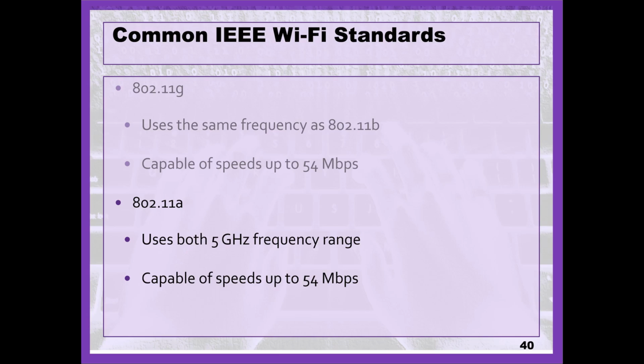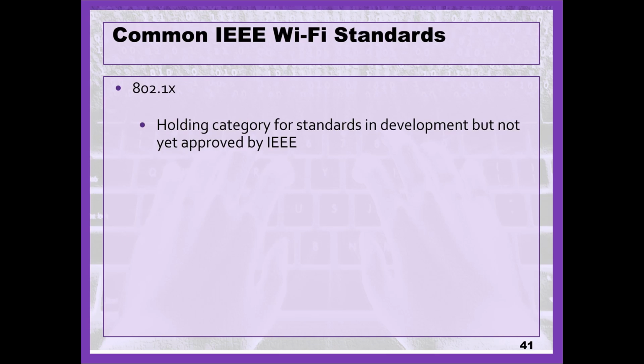This leads to much less interference and competition, though the maximum speeds are still at 54 megabits per second. Hardware using this protocol is generally more expensive. IEEE also has a category that houses standards that are in development but are not yet approved by IEEE. These protocols are typically labeled with the 802.x label.